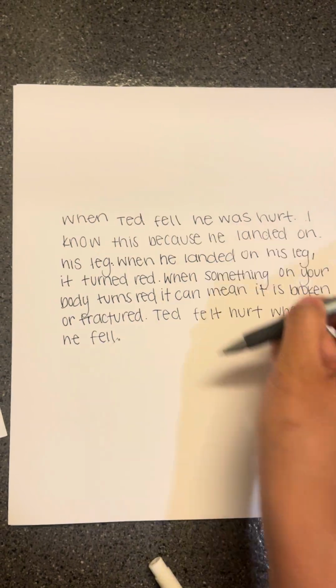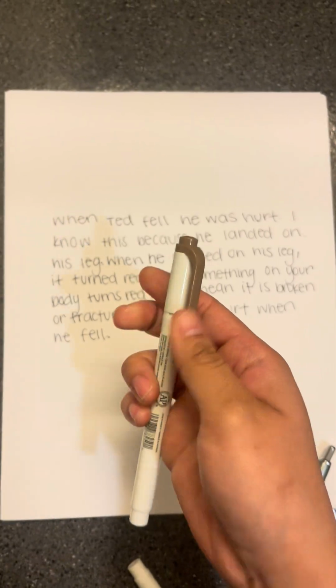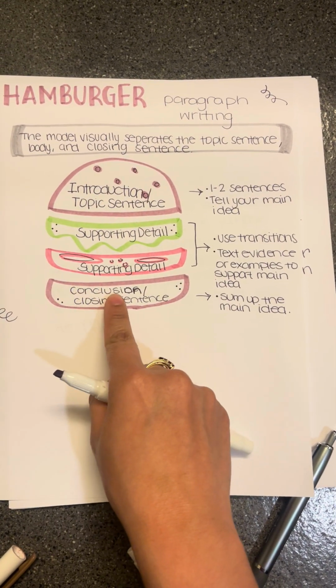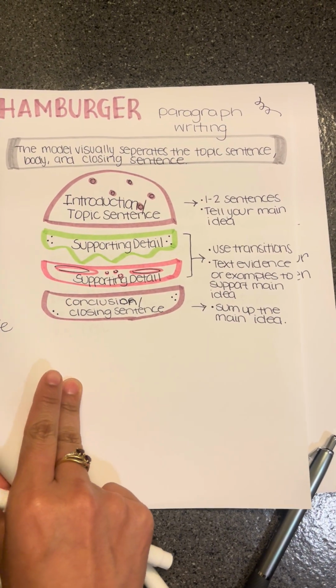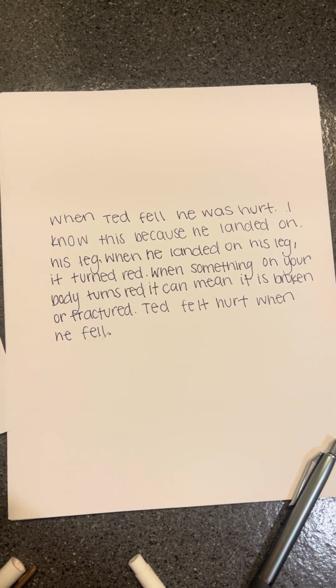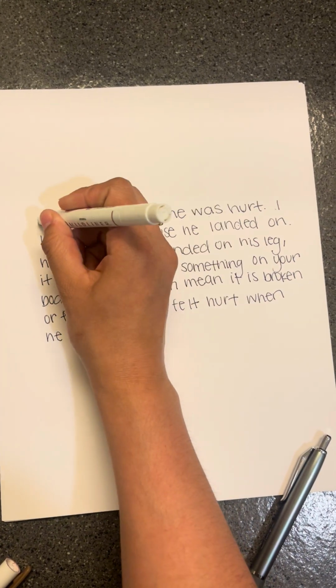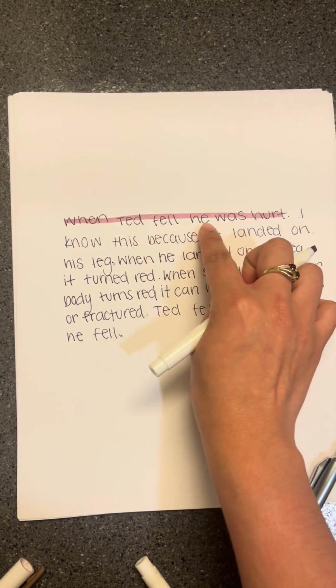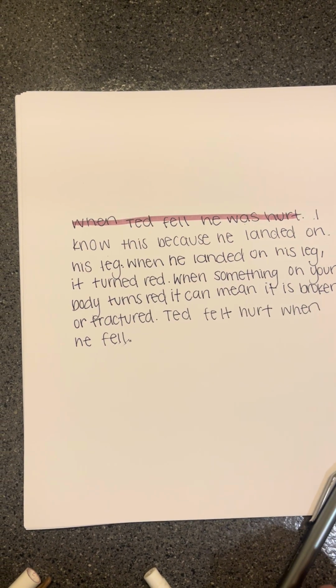All right, so I'm going to use my brown highlighter to highlight my introduction, topic sentence. Well, this is the first part, so I'm not going to jump ahead. When Ted fell, he was hurt. That is my topic sentence.